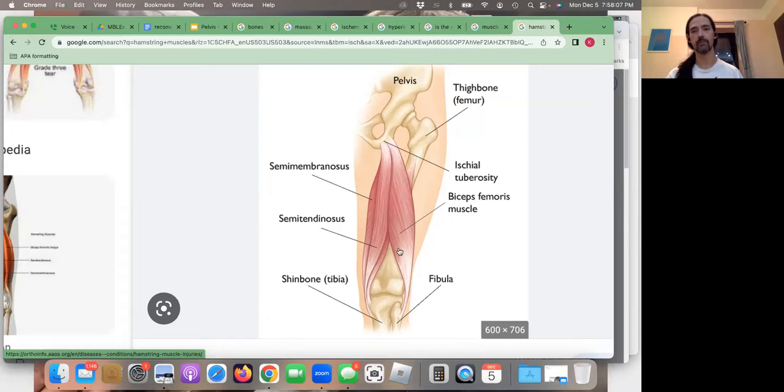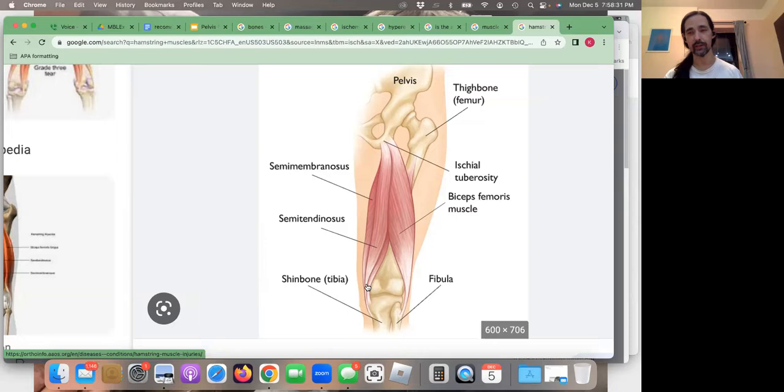Biceps femoris muscle on the lateral side. And then the semimembranosus, semitendinosus. How are you going to remember the semimembranosus is in front and the semitendinosus is in the back? Because one looks like a membrane and the other looks like a tendon?